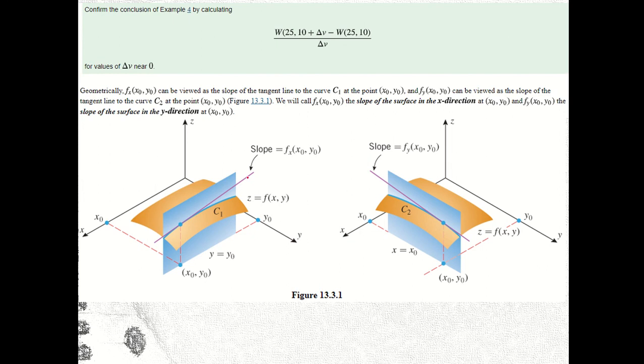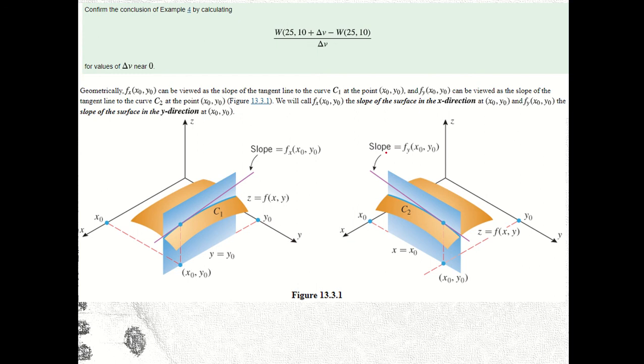All right, the line that is passing through this point, that is tangent to this curve C1 with these coordinates. And the partial derivative of the function with respect to y at the same point, referring to this illustration here, can be viewed as the slope of the tangent line to the curve C2. So this is our C2, the orange color curve touching this point, tangent to this point. So this is our slope.